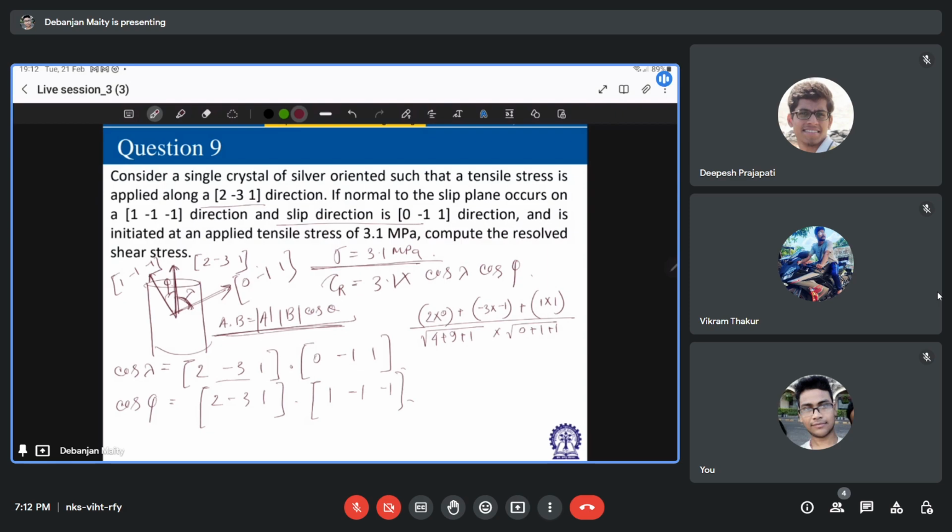That's how we calculate the dot product. And then for this, 2 into 1, plus minus 3 into minus 1, plus 1 into minus 1, and then you have root over 14 into 1 plus 1 plus 1, root 3. Okay, how much is this coming?